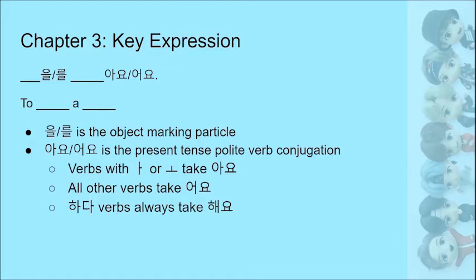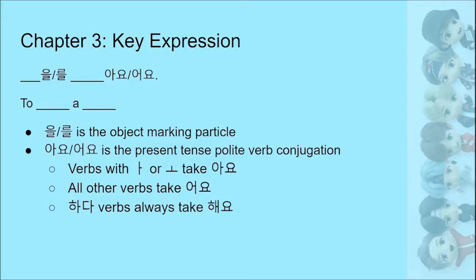And so the explanation that I believe they give you in the text, and it's also an explanation you'll see on various Korean learning websites, is that verbs where the last vowel is a or o will take ayo in their conjugation.